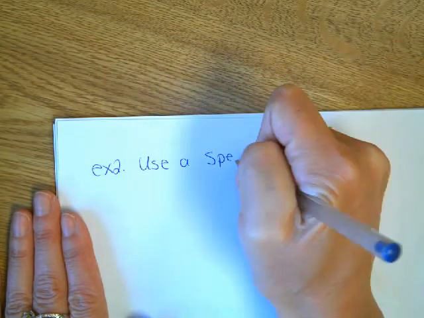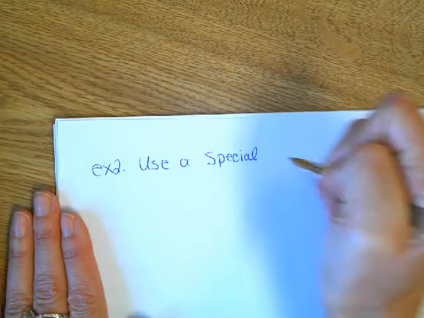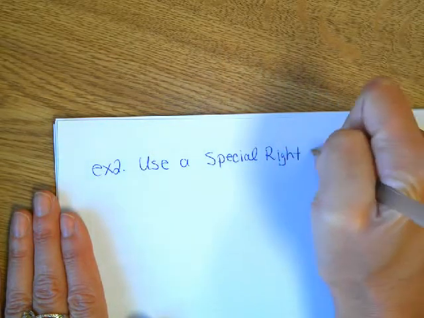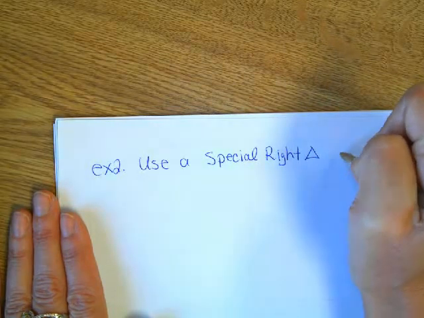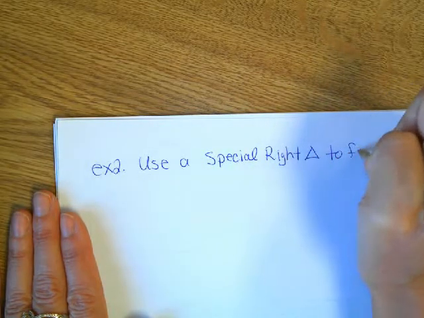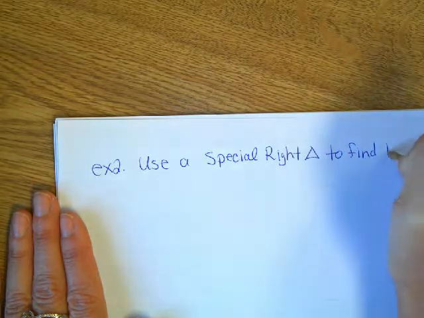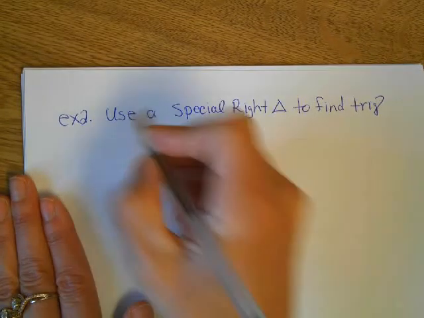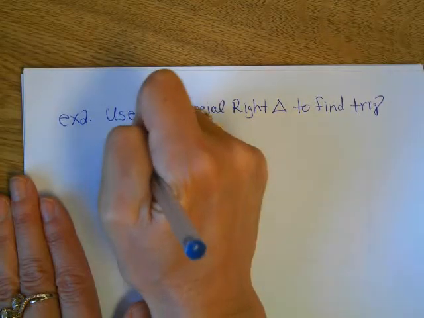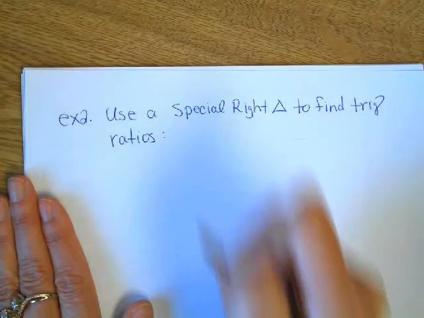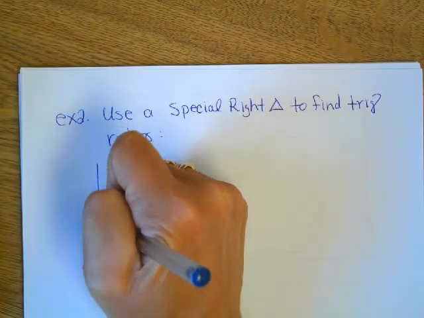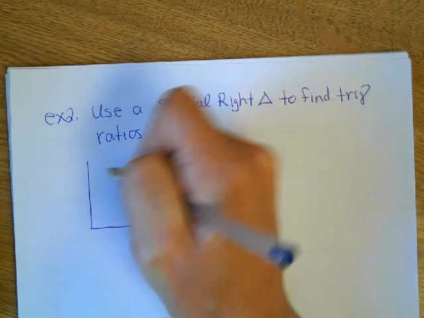Remember we had 2 special right triangles, the 2 that were on the poster in front of the classroom. Let's quickly review those 2 special triangles before we get into the example. Well, actually we need them for the example.